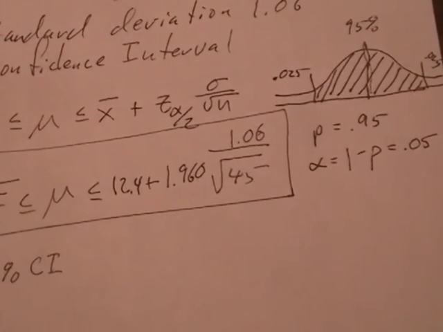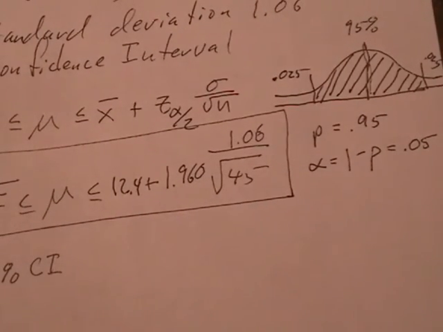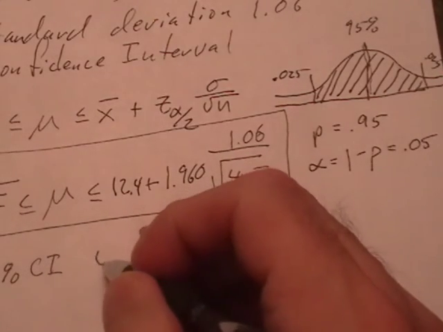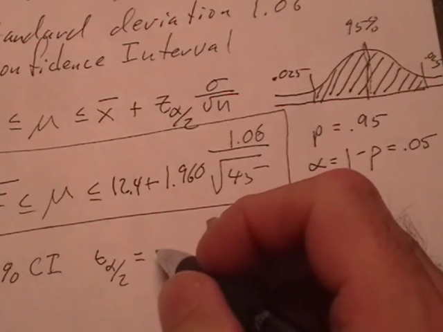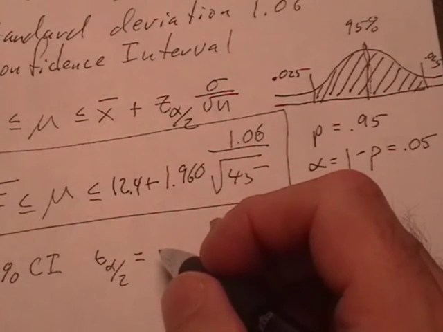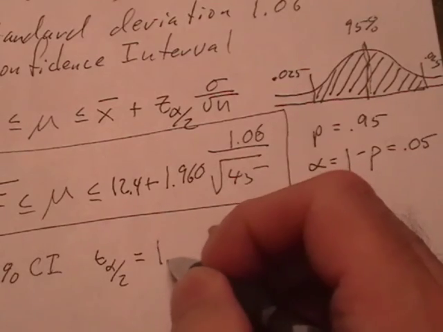Now that would be my t sub alpha over 2. If n is 19, then the degree of freedom is 18, 90% confidence interval, so I'm looking for area in two tails 0.10, and t sub alpha over 2 would be 1.734.